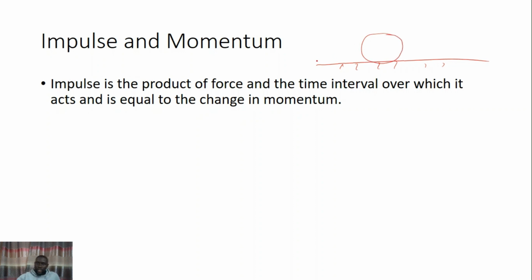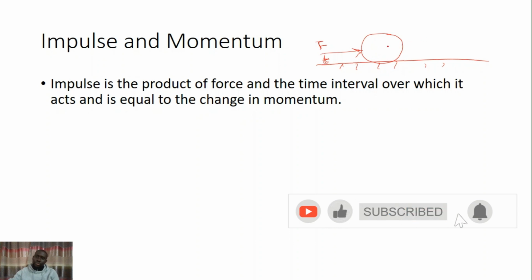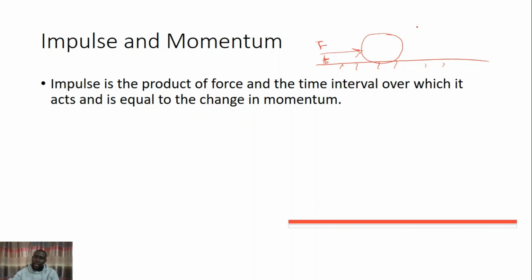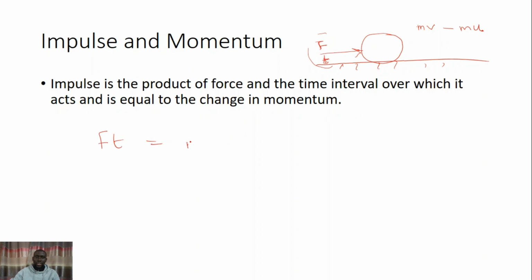What this is trying to say is that if a force F acts on this body for a time duration of t, the change in momentum of this body, that is the mass times final velocity minus mass times initial velocity, is equal to the product of this force and time, Ft, which is mv minus mu.